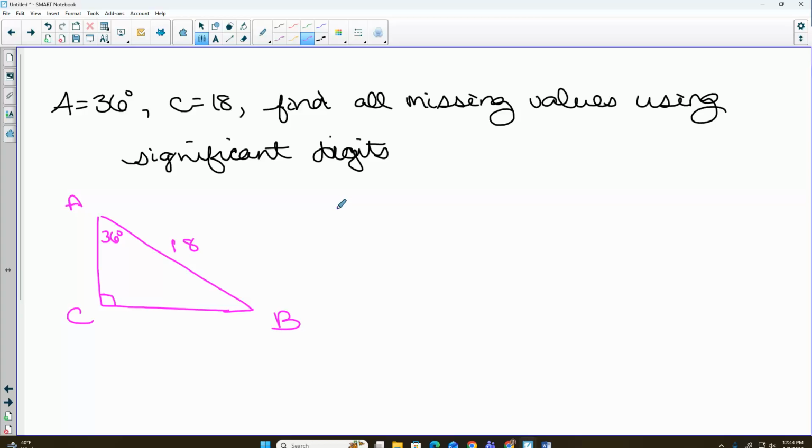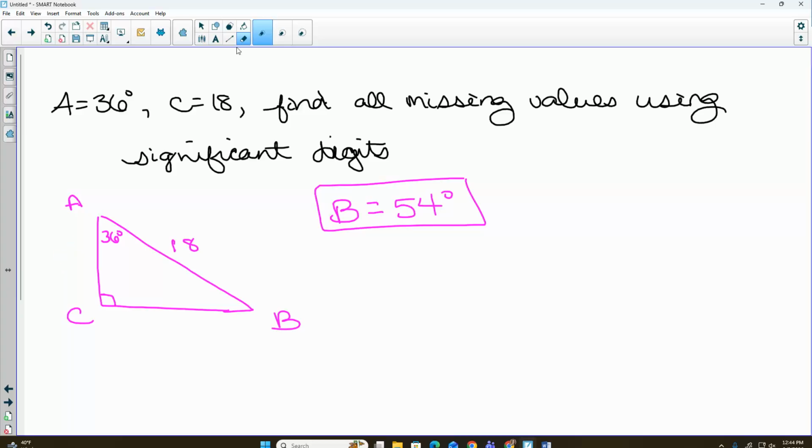So the easiest one, how do I get angle B? So we get 54 degrees. Then we need side A and side B. Side A is across from angle A, so that would be down here. Side B is across from angle B. So if I wanted A, that's opposite, 18 is hypotenuse, so what trig function?